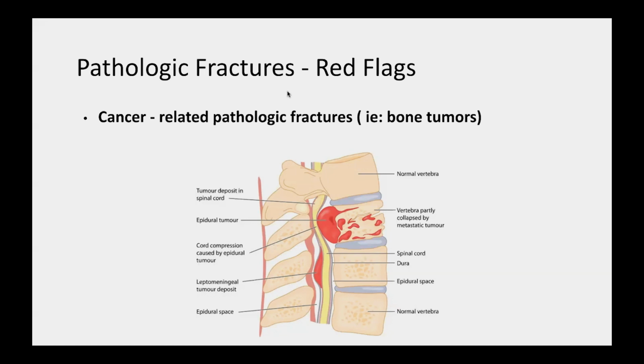So this can include compression or pressure on the spinal cord or on the nerve roots that are near that vertebral body. Pathologic fractures can develop in 9 to 29% of oncology patients or cancer patients with bony metastases.